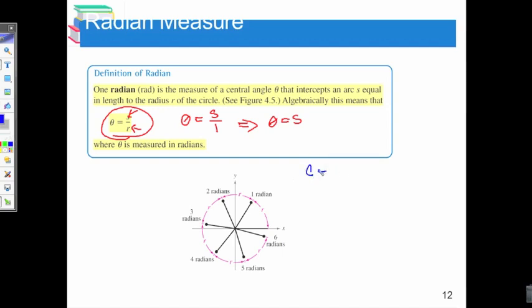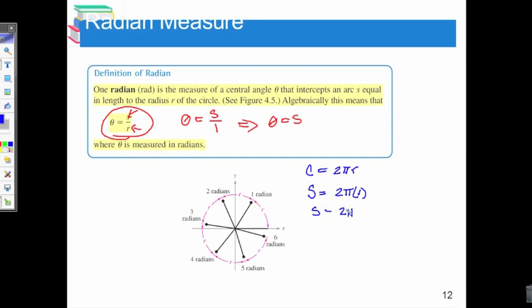And circumference equals 2 pi r. Now, if I'm saying that the arc length is equal to the circumference, then that means that s equals 2 pi, and again, we're talking about a unit circle, so r is just 1. So s equals 2 pi.